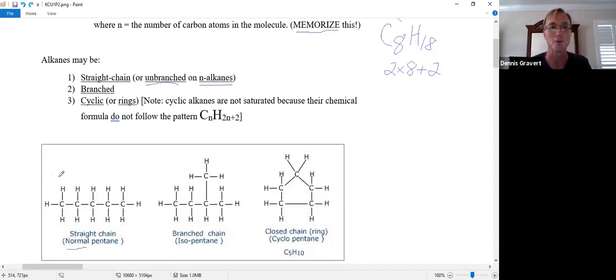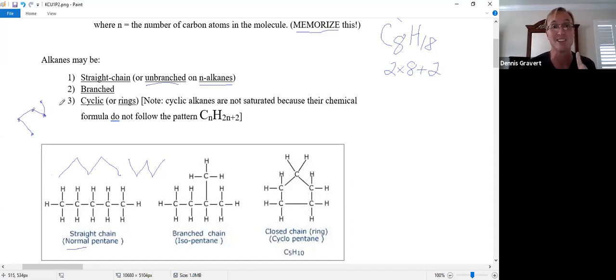Let's do 5. 1, 2, 3, 4, 5. Or you could have done it like a letter W. Or you could have done it that way. Yeah, that's probably not your preferred drawing, but 1 carbon, 2, 3, 4, 5.